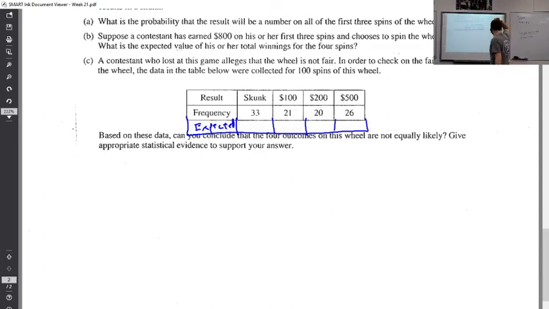So we want to know what the expected counts are because we want to check that there are at least 5. And we want to put them in our calculator. Well, if all 4 outcomes are equally likely, that means they all have a 25% chance of happening. And so if I spin the wheel 100 times, then I should expect 25 of them in each value of the wheel.